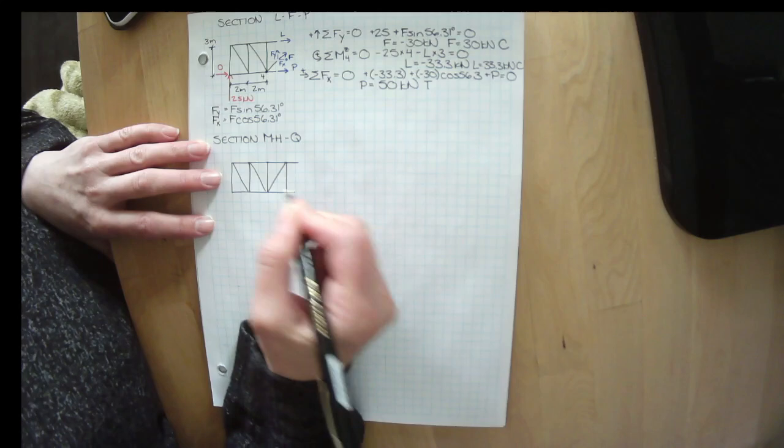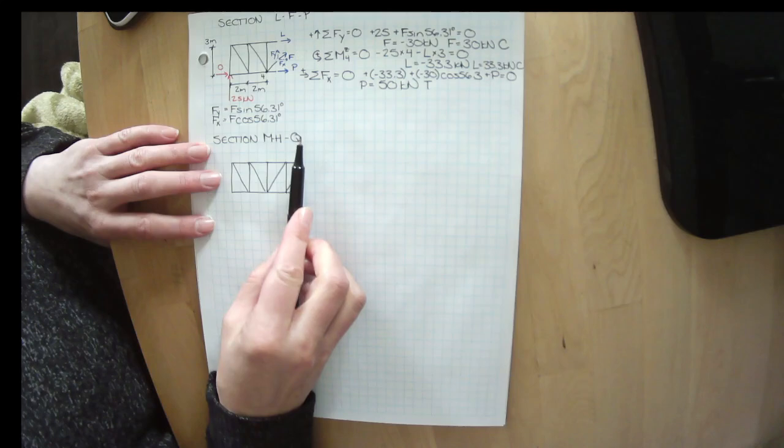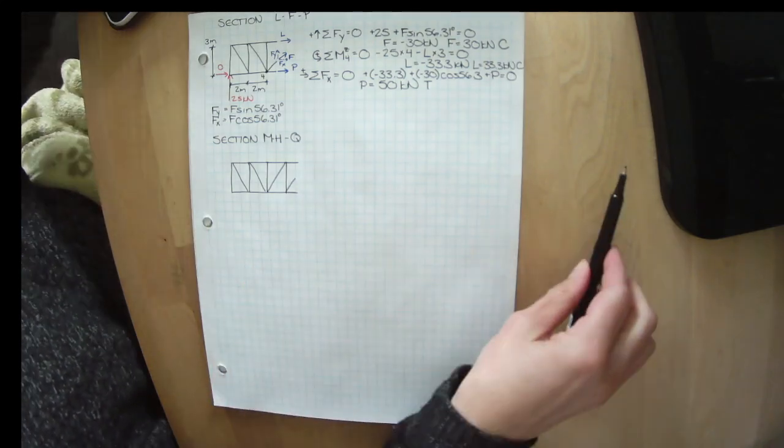Just redrawing our section that we're cutting. So we're cutting through M, H, and Q here.